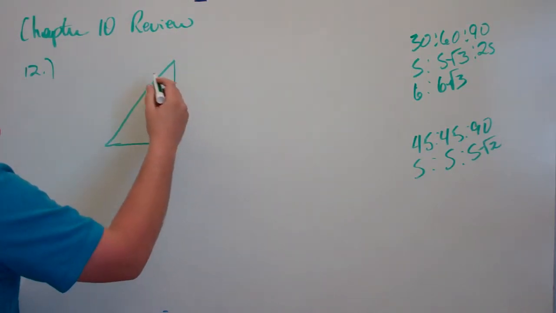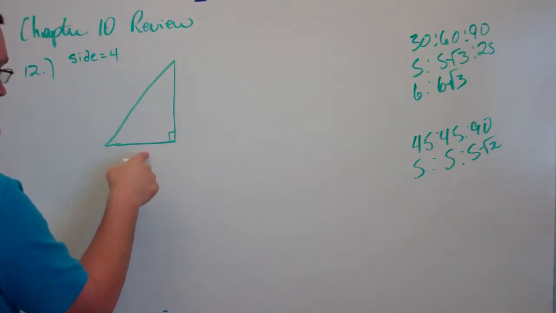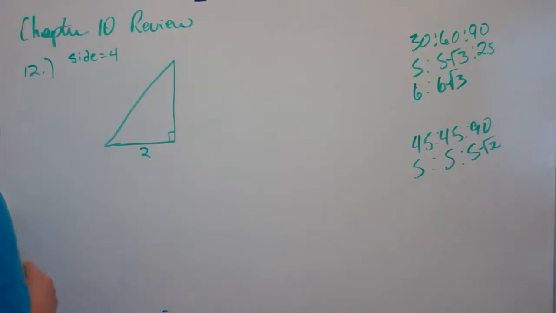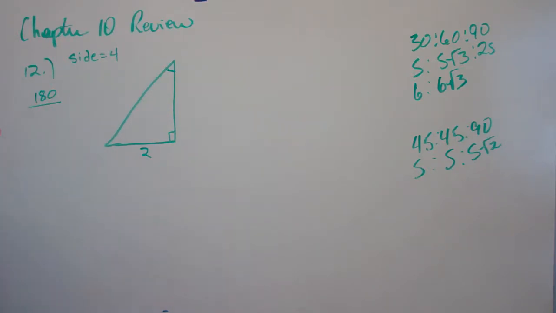We have a side length of 4, which means this is half our side length, which is going to be 2. Now to get this angle, we just do 180 divided by our number of sides. Our number of sides is 8. So 180 divided by 8 is 22.5.